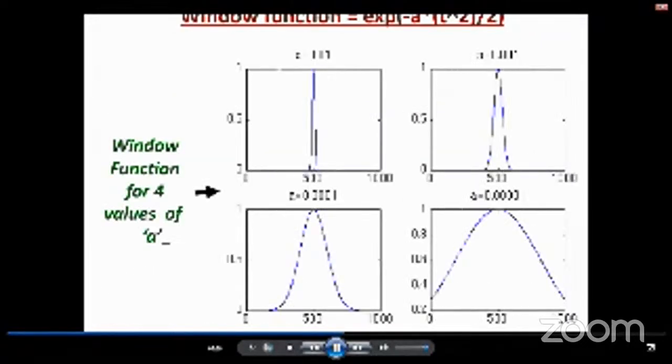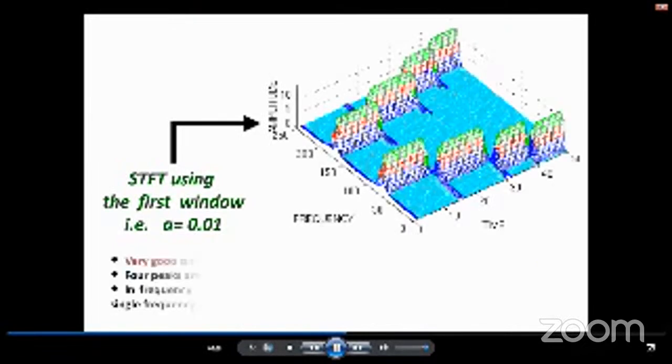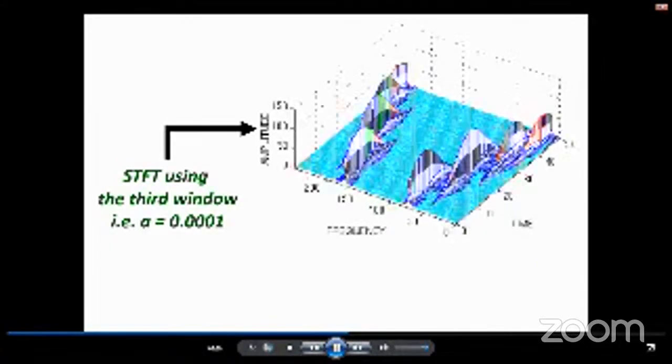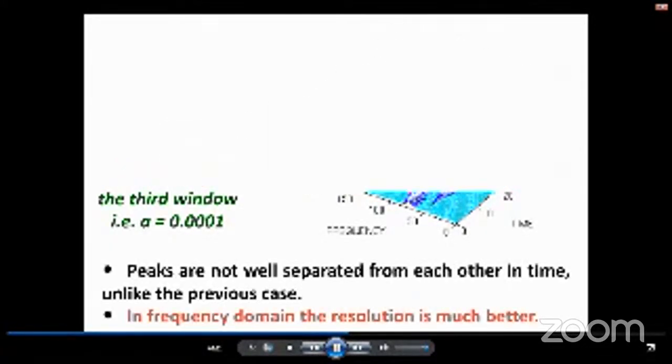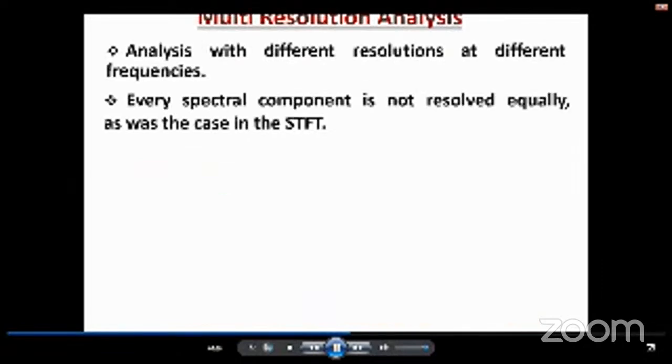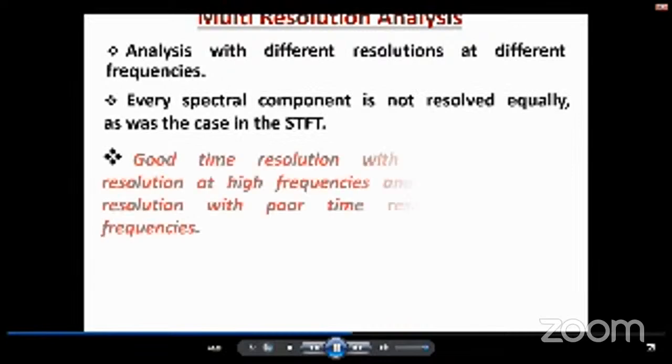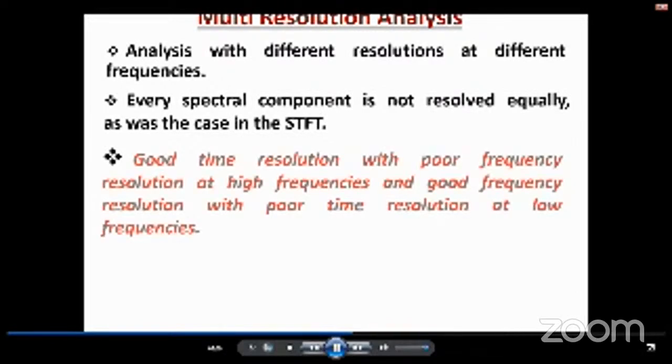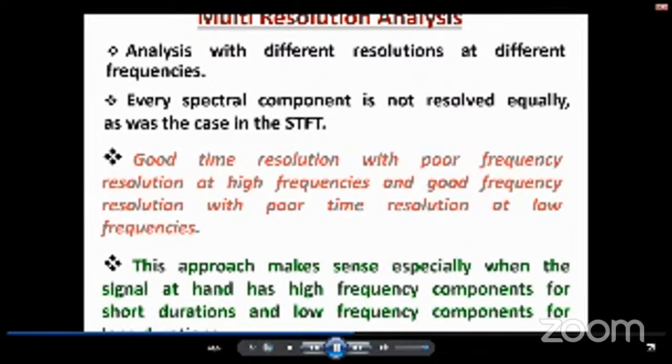So to overcome this problem, the wavelet transform came into the picture, in which the width of the window can be varied. So it was termed multi-resolution analysis. The width can be varied depending on the frequency. Good time resolution with poor frequency resolution at high frequencies.